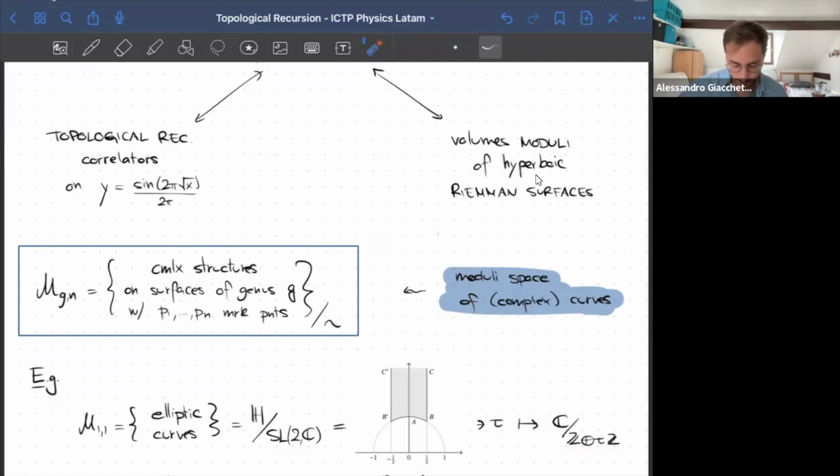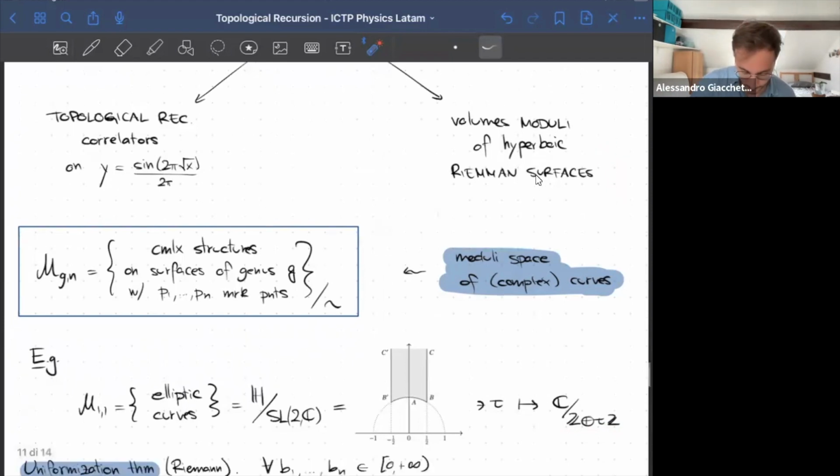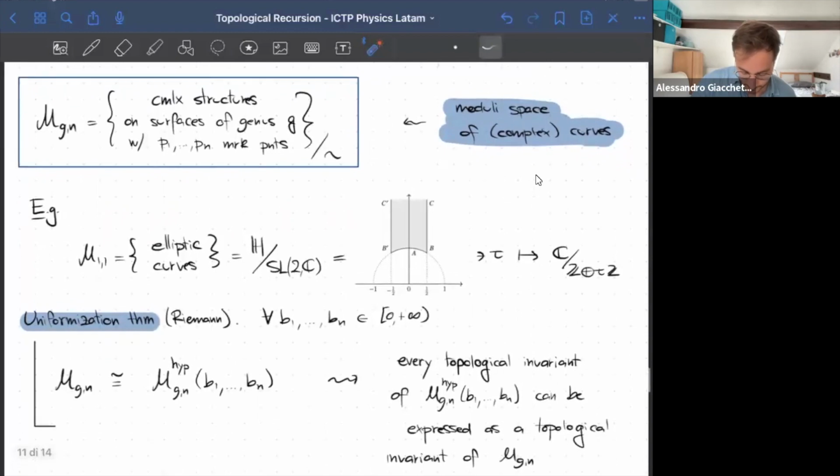Okay, and so here I'm talking about the moduli space of complex structures, but before, I was talking about hyperbolic Riemann surfaces. So what is the connection between the two? This is actually a kind of old result due to Riemann. This result is saying that the space parameterizing complex structures is the same as the space parameterizing hyperbolic structures.